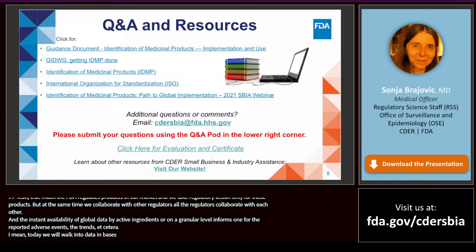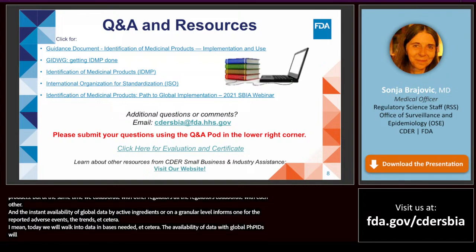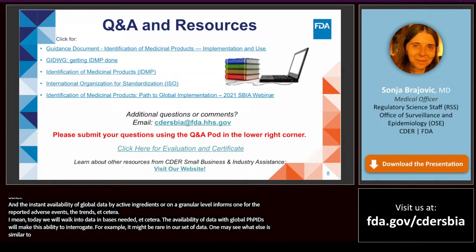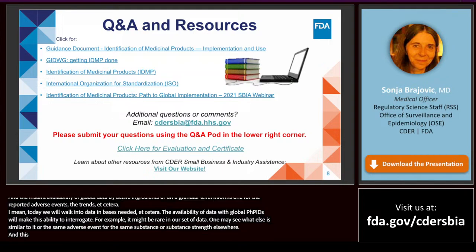So the availability of data with global PHPIDs would just make this ability to interrogate global data and be informed on an adverse event, for example, that may be very rare in our set of data. So one may see what else is similar to it, or the same adverse event for the same substance or substance strength elsewhere. And this helps, this informs. So yeah, thank you.